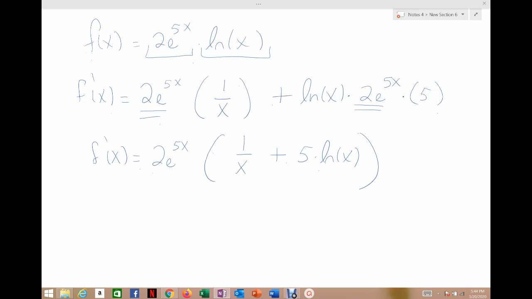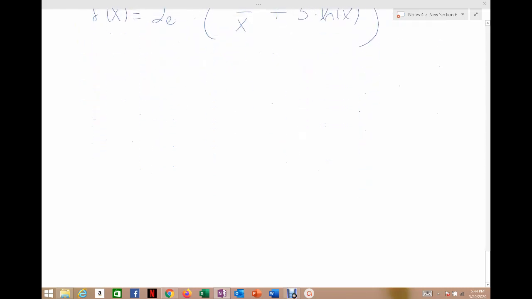All right, let's do one with the quotient rule. Suppose I have the natural log of 2x up top divided by e to the x minus 3.